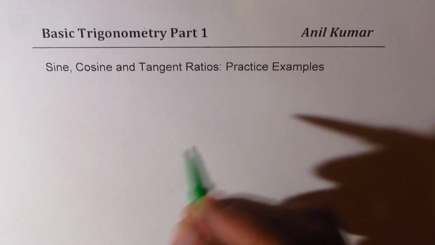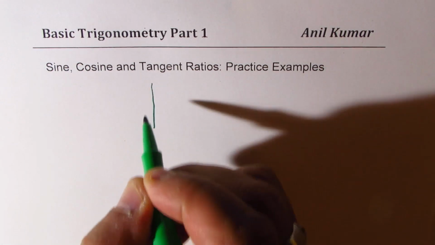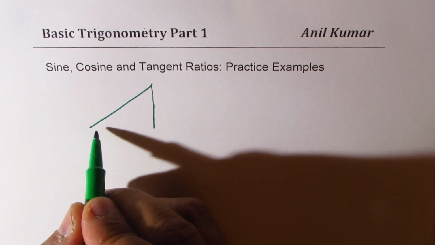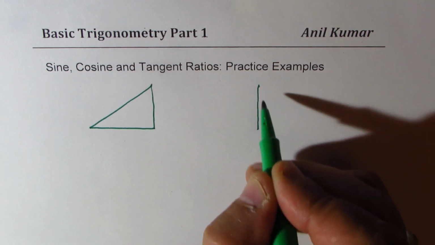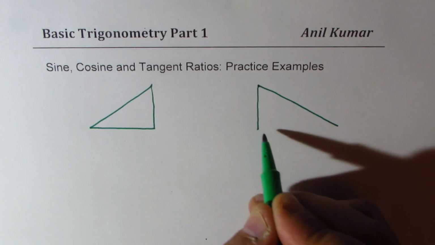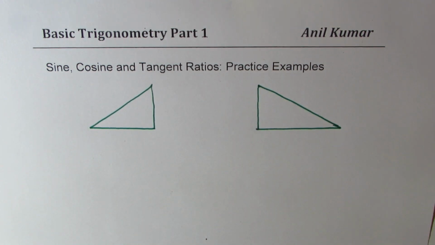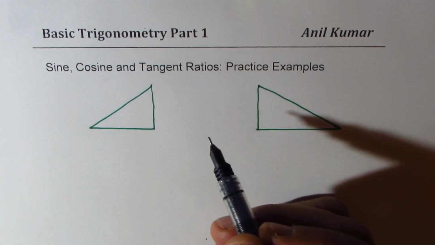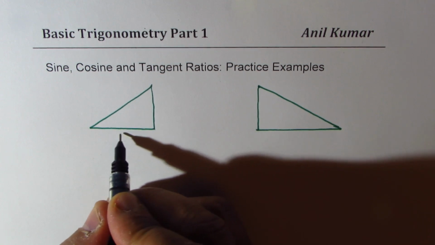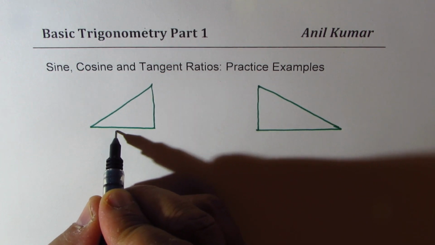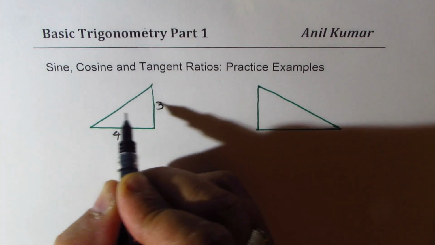Now, let me sketch a few triangles here, and we'll try to find the value of our trigonometric ratios, right? So I'm sketching one triangle like this, the other one kind of like this. So let's write down some dimensions for these triangles. We could use 4, 3, and 5.